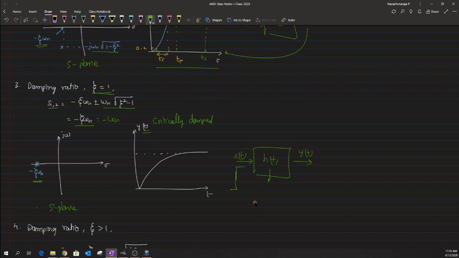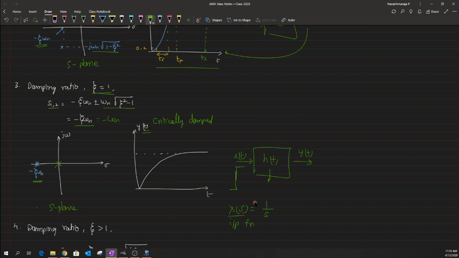Even this x of t, which is an input signal, a step input, also has a pole associated with it, and the pole can be read by translating this step input into a Laplace transform as x of s, and we know for the step input it is defined as 1 by s, and based on this one could say that the pole of this input signal appears at the origin, okay.